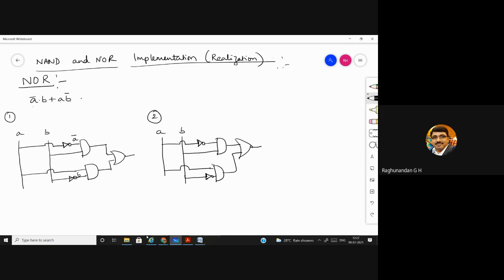So what is the second step? Insert the NOT gate. See, we are doing NOR realization. In NOR realization, what I have told, where you should insert the NOT gate for the gates?